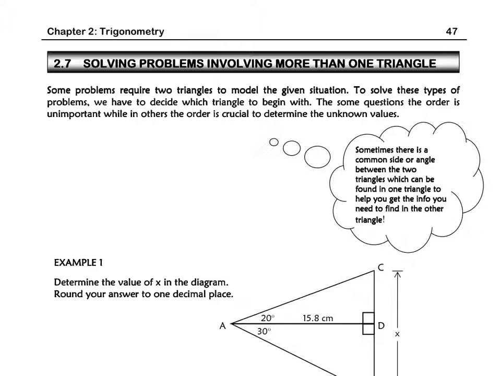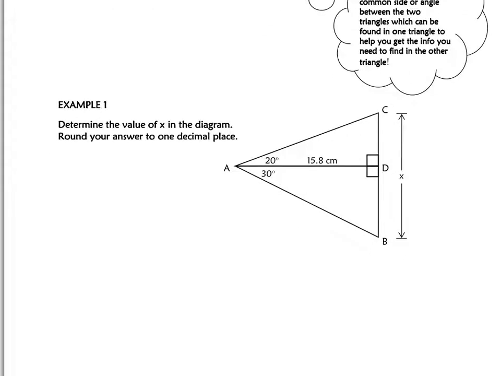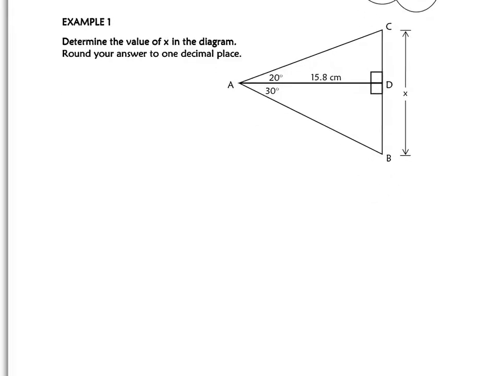So the first example has two triangles, and you're asked to find the length of x in the diagram. And x, if you notice, is a side from C to B in a triangle that isn't a right triangle. ACB is not a right triangle, and we don't have many methods for triangles that aren't right triangles.